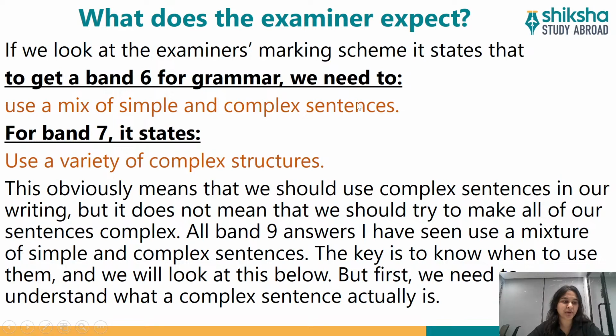So guys, always remember that only writing simple sentences would not get you anywhere, and also only writing complex sentences will just make your handwriting and your grammatical structure more complex and difficult for the examiner to understand. So one has to use a blend of both very well, so that you reach your desired band. And if you're looking for band 7, then it states use a variety of complex structures.